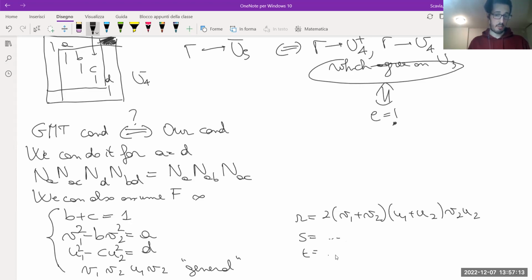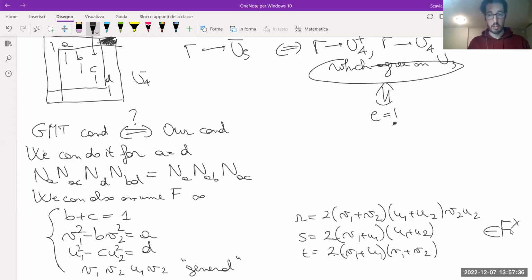S and T are similar expressions: 2 v1 plus u1, u1 plus u2, and 2 v1 plus u1, v1 plus v2. If the vi's and the ui's are generic enough, all of these are non-zero scalars. Just assume that every factor is non-zero.